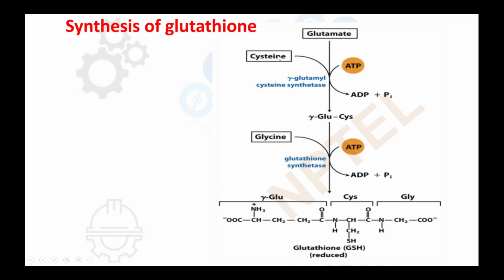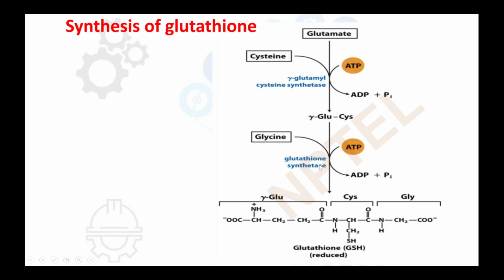Glutamate first combines with cysteine to form gamma glutamyl cysteine by the enzyme gamma glutamyl cysteine synthetase. Since it's a synthetase, ATP hydrolysis is involved that drives the energy for this reaction. This gamma glutamyl cysteine will then combine with glycine by glutathione synthetase.